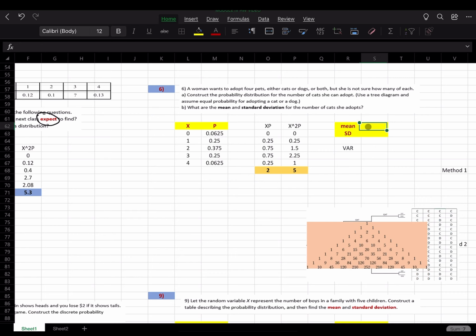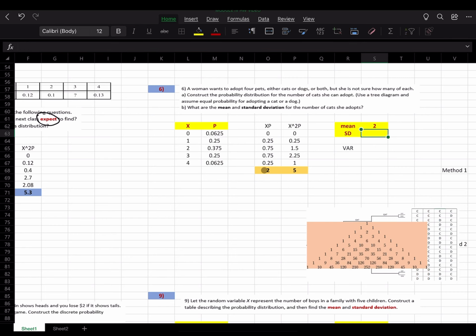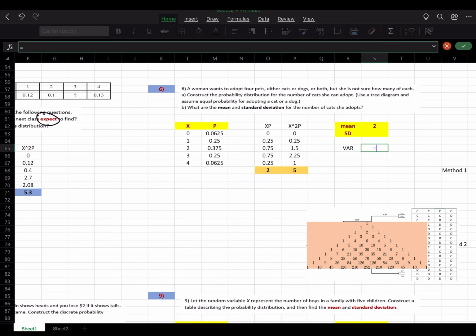Now my mean is going to be simply this 2 here. Again, remember, I'm not going to calculate the standard deviation next. I'm going to calculate the variance, even though they haven't asked me for it, but I need that in order to calculate the standard deviation easily. And the variance, as I told you guys, is the second number minus the square of the first number.